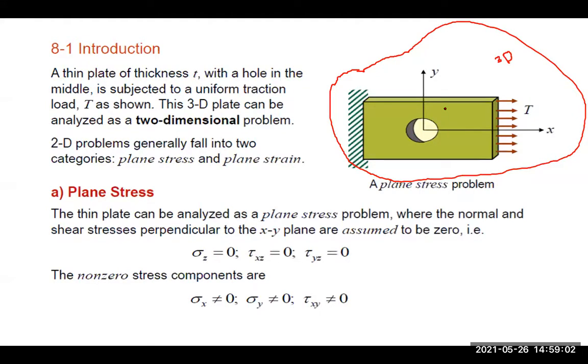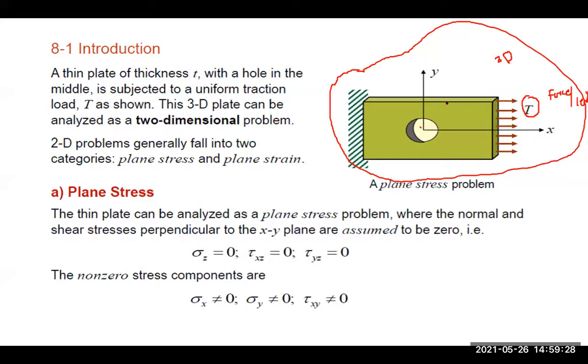So this is a simple thin plate having a thickness of T, and in the center there is a hole. The load here is the traction load. The traction load is nothing but force per unit length. So this much traction force is acting.